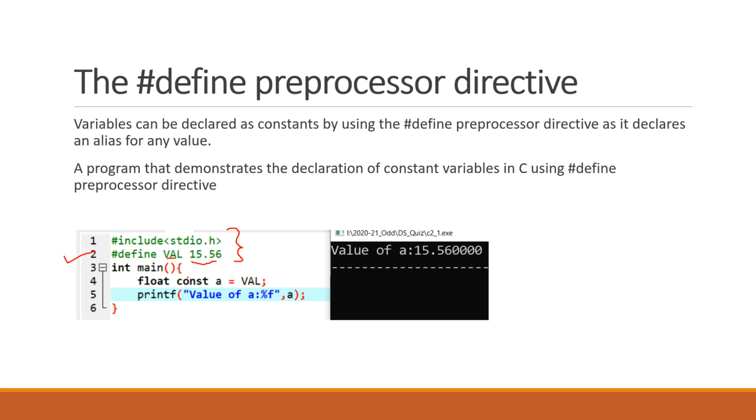VAL is not declared here, but VAL is defined using hash define. Is any value given there? Yes, that is 15.56. 15.56 is substituted here. Here afterwards, A's value is 15.56. Suppose one more VAL is encountered somewhere here.